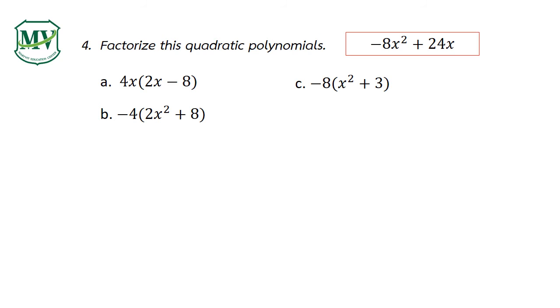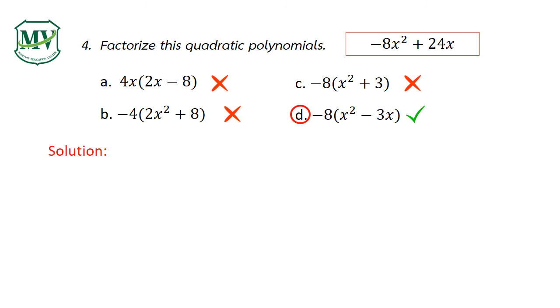Letter C, negative 8 times the quantity of x squared plus 3. Letter D, negative 8 times the quantity of x squared minus 3x. So letter A is not the correct factorization. Letter B is not. Letter C is not. Letter D is the correct factorization. So the answer is letter D.